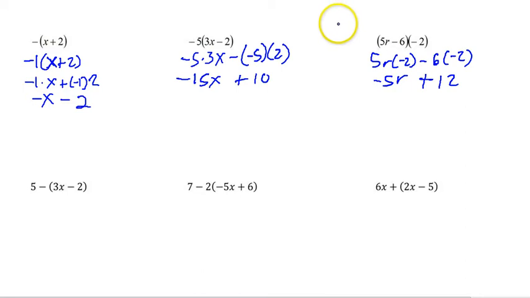Alright, and there's the answers. So if you notice, whenever you distribute a negative, what's happening to the signs? Because if we start this, we have an x plus 2. And then after distributing the negative, we get negative x minus 2. And then over here we have a positive and a minus, and then we distribute the negative, and we get negative positive.